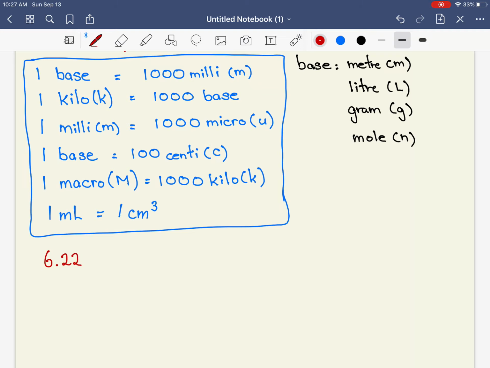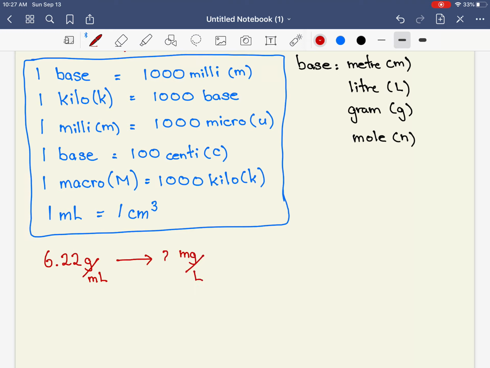So 6.22 grams per milliliter is a density unit. Guess what? I want you to change that into milligrams per liter.